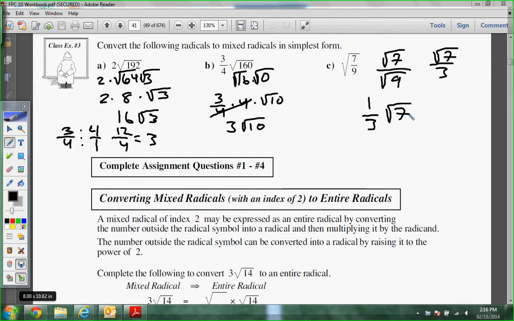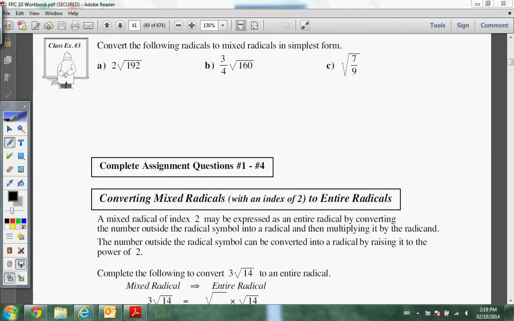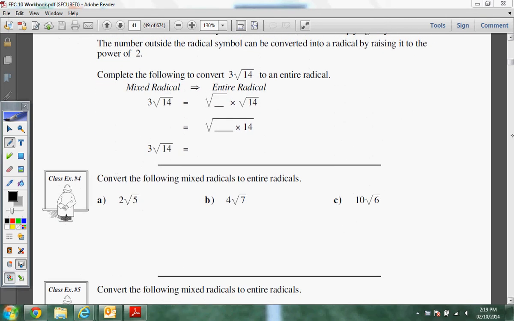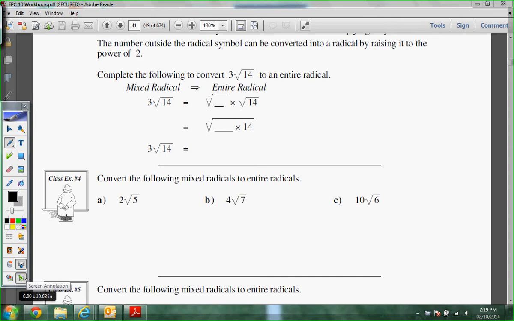Okay, and now just for understanding, we're going to go backwards. We're going to take mixed radicals and change them to entire radicals, which is probably a little bit easier. For a quick example, we're going to take 3 root 14 and make it entire from mixed.